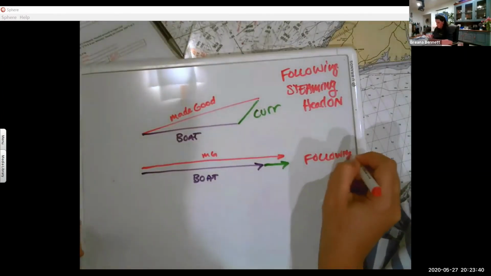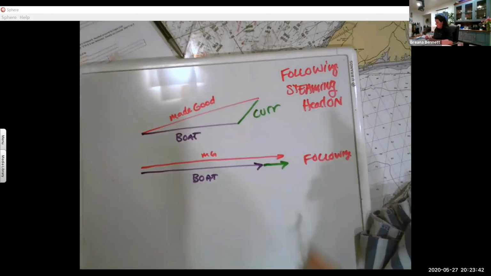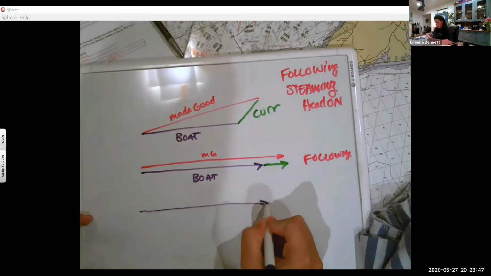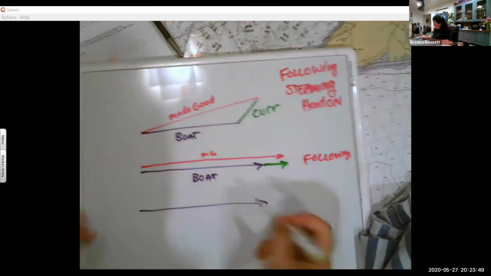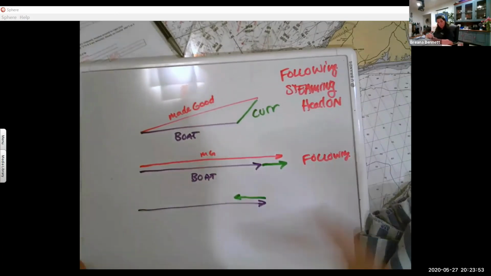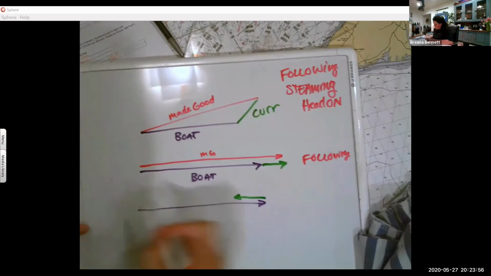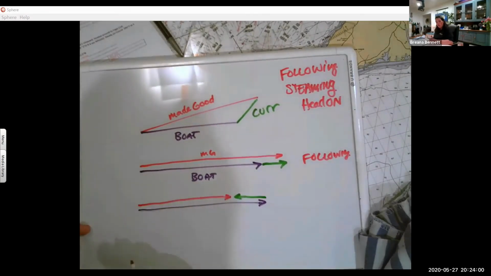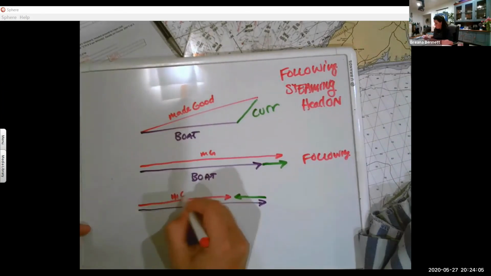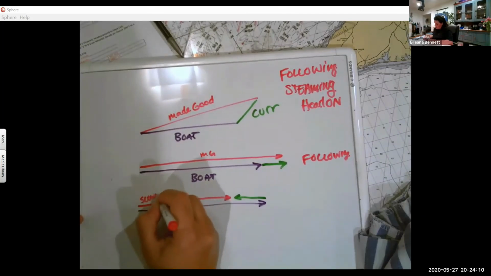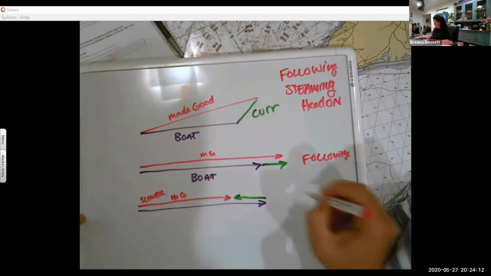following current. If we had a head-on current, our boat would be traveling like this. But the current would be directly pushing at us. So our made good would be a whole lot smaller. We'd be going slower than what our boat is actually doing.